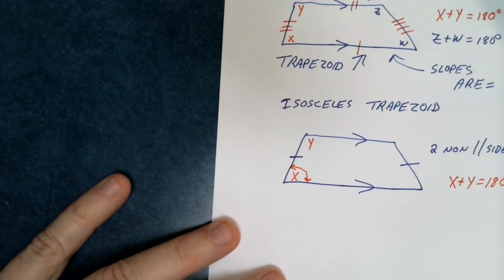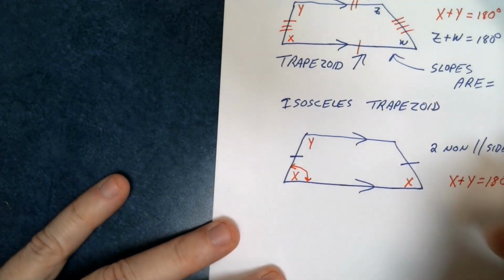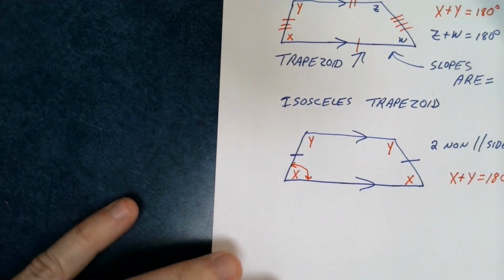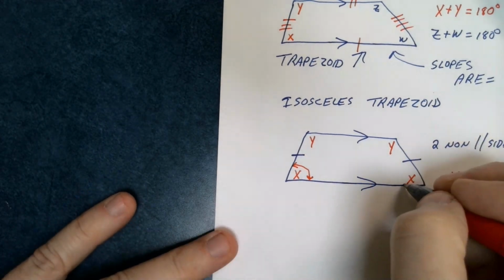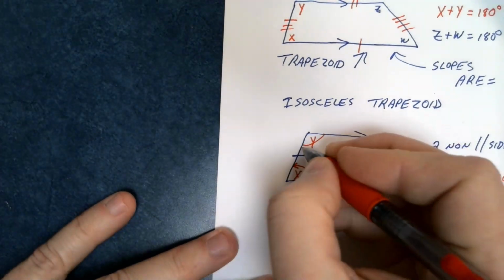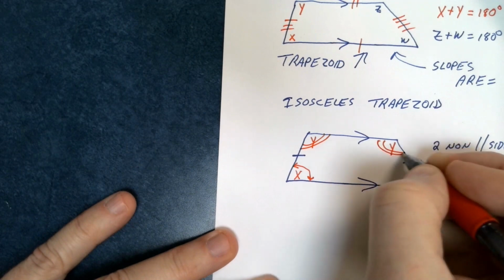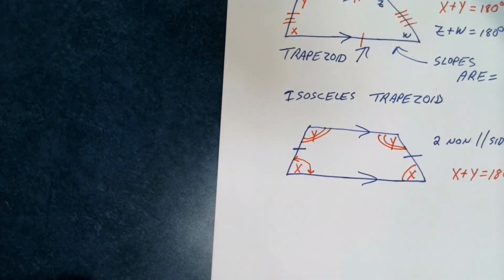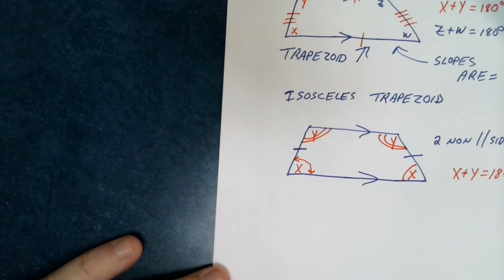However, on an isosceles trapezoid, this is also x and this is also y. So that means that these two base angles are congruent and these two angles up here are also congruent. Which means you could also do some stuff with some symmetry and some other things.